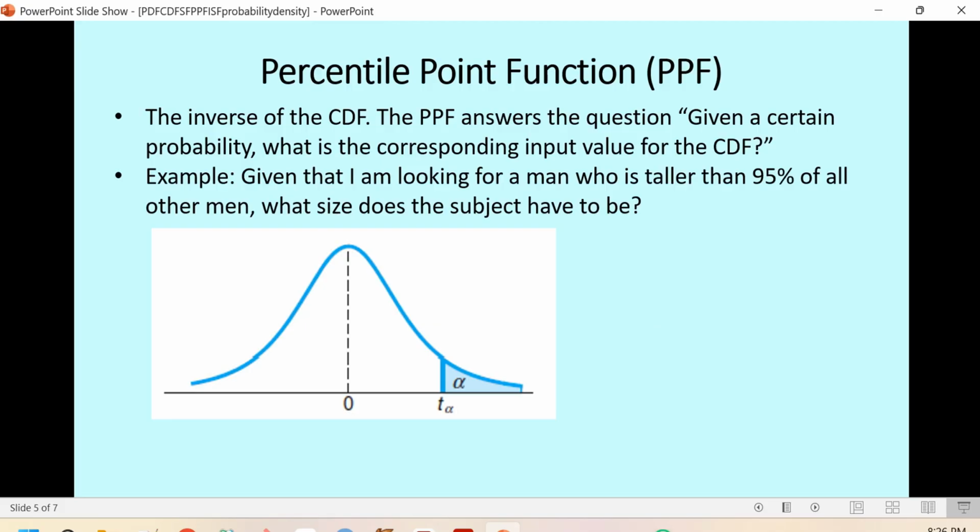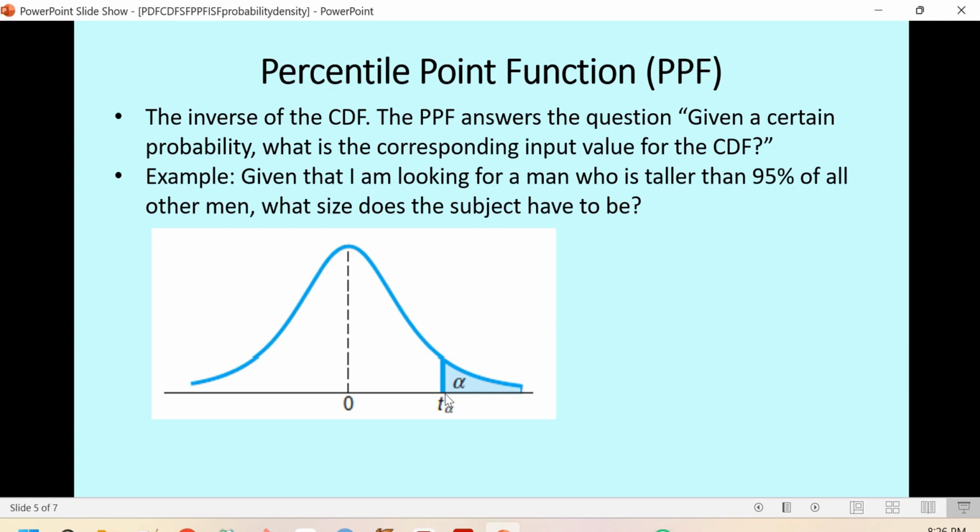So for example, given that I'm looking for a man who is taller than 95% of all other men, what size does the subject have to be? This sentence means 95% of other people are smaller than this man, right?